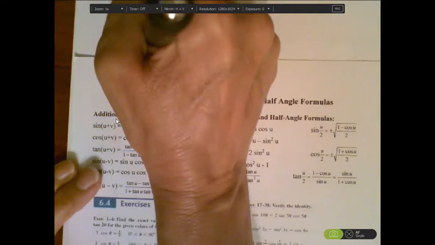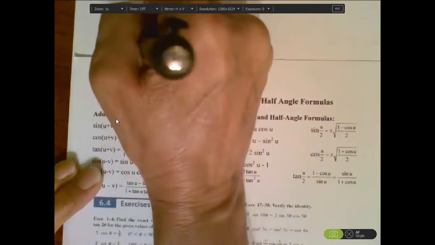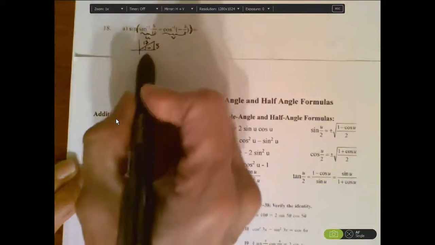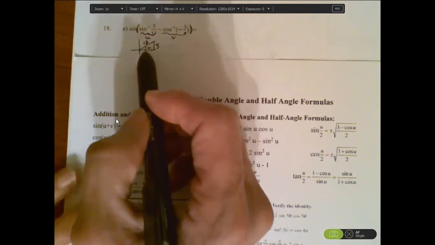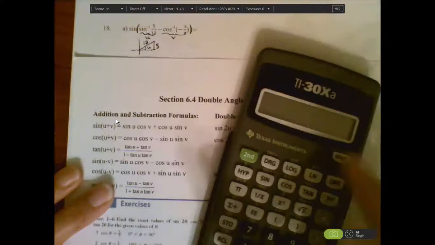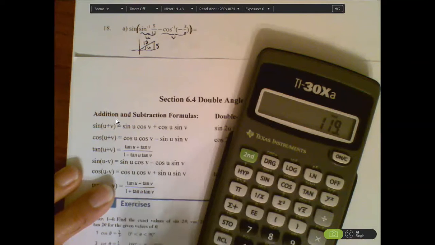I need to label that triangle in such a way that the opposite side is 5, the hypotenuse is 12, and that means the adjacent side would be the square root of 144 minus 25. That's the square root of, is that 100? I don't think that's 116. 144 minus 25. 119.